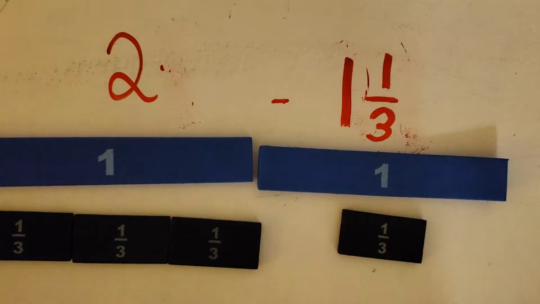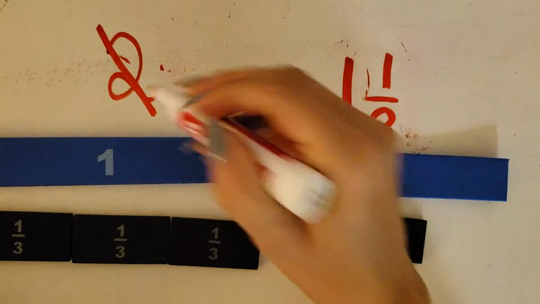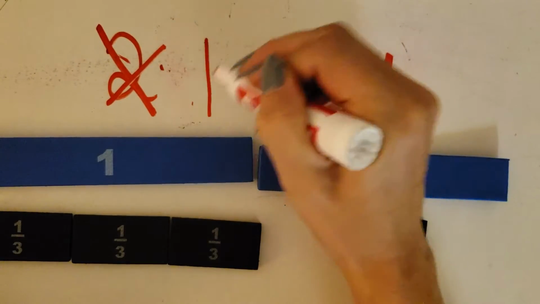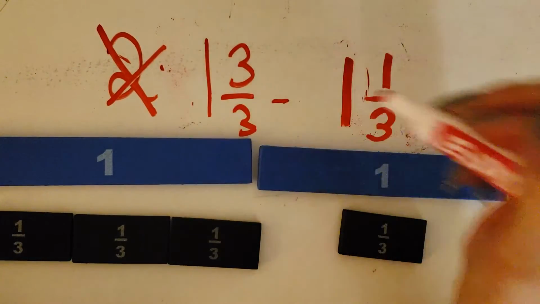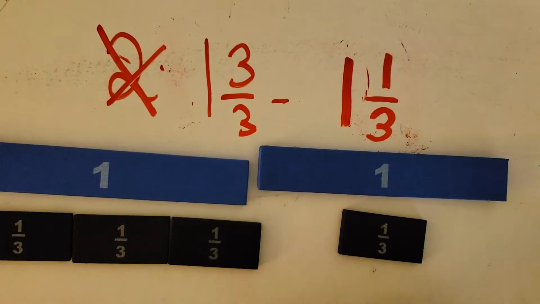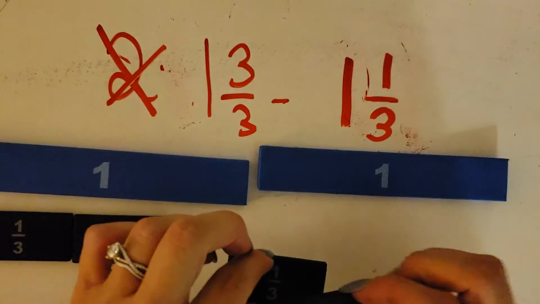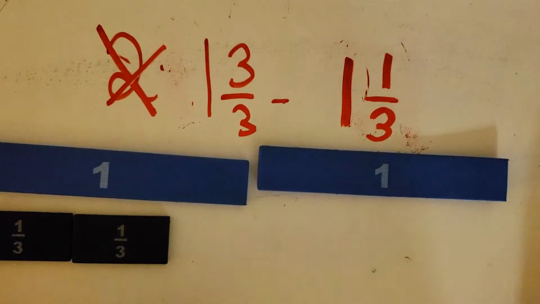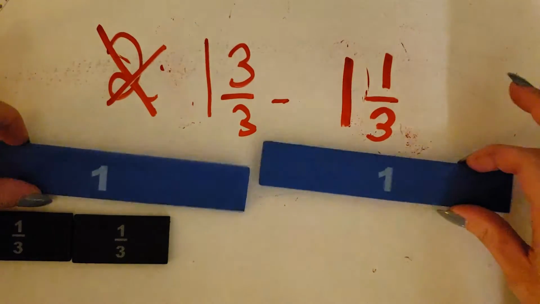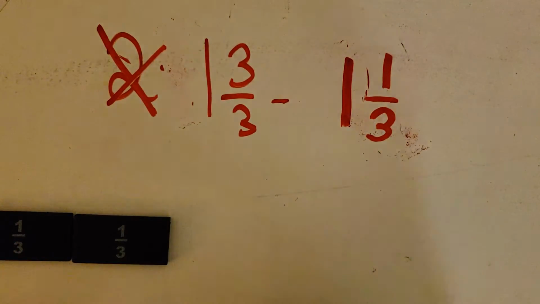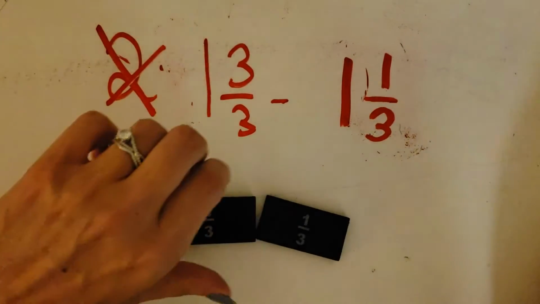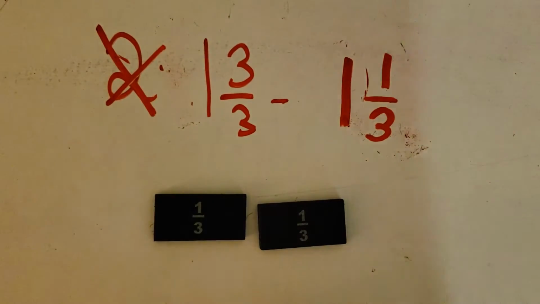So I can rename this 2, cross it out, and now it is 1 3/3 minus 1 1/3. Now I can easily take away a third, take away a whole, and I have 2/3 left.